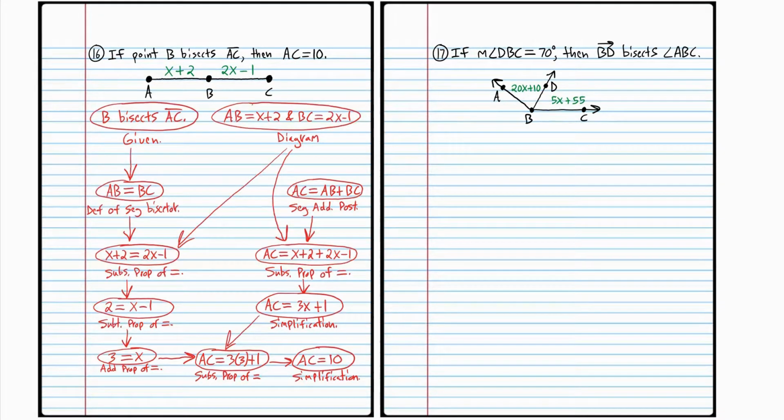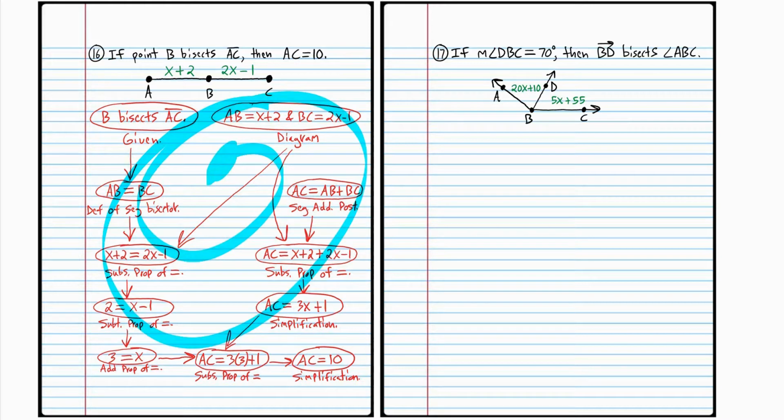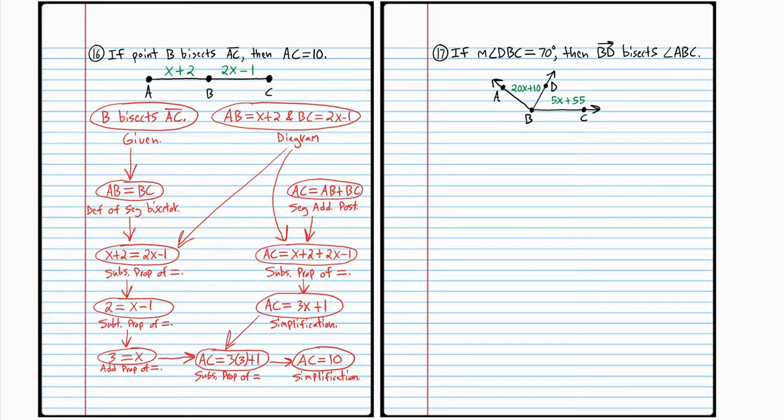All right, we're back. So your proof should look something like this. It doesn't have to look exactly the same. Don't panic if your proof isn't exactly the same as mine. It could still be correct. The general idea is we want to start with the given information, obviously. And these expressions are part of the given information, but we know these from the diagram.